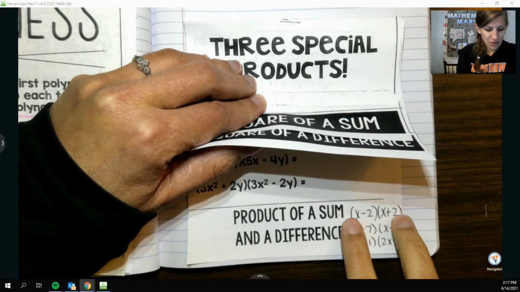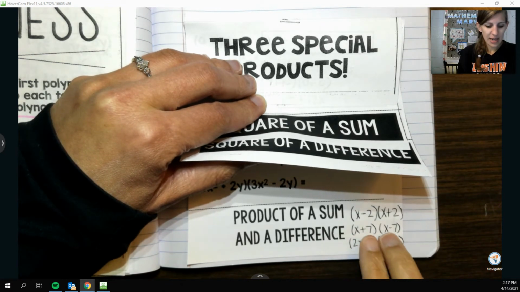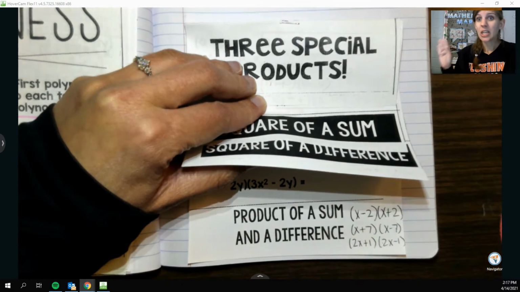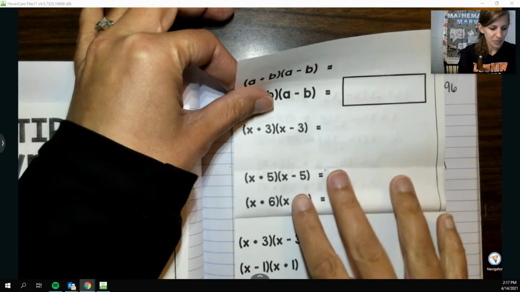So like we'll have 2x, negative 2x, that's 0. Negative 7x, positive 7x, that's 0. Your middle two terms will always be opposites, so they always end up going away.